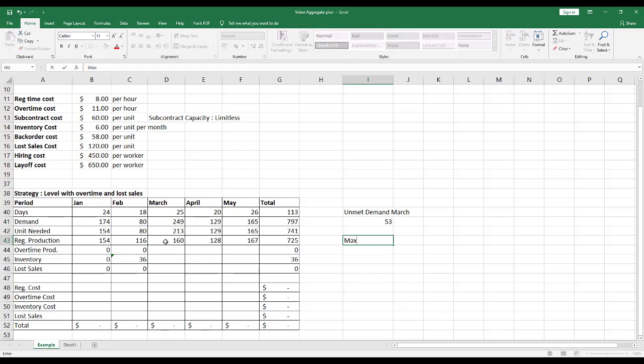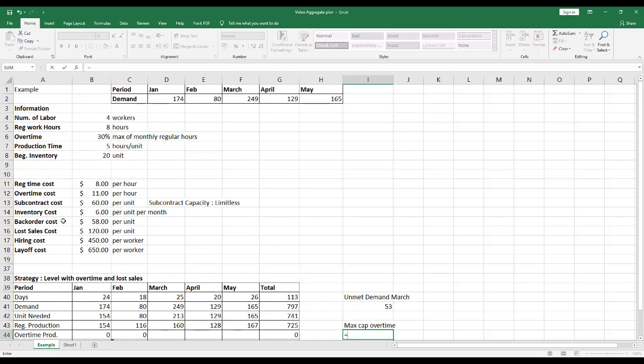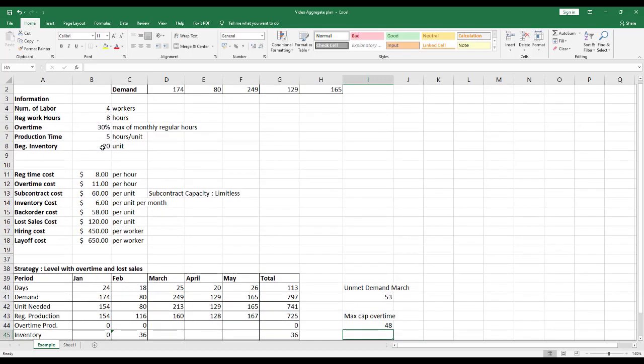And for the maximum capacity overtime, so let's round up 4 times 8 times 30% times the working days in March divided by the production time for 1 unit, and we have 48.